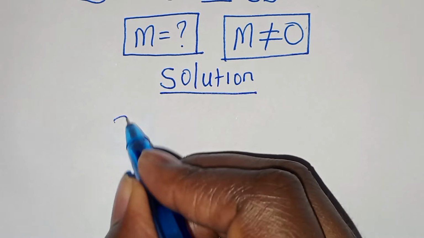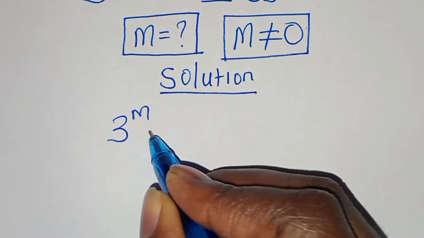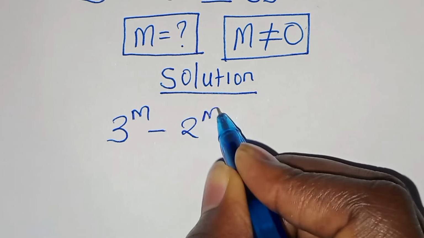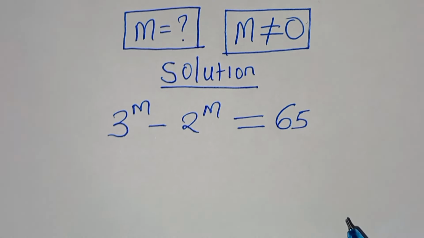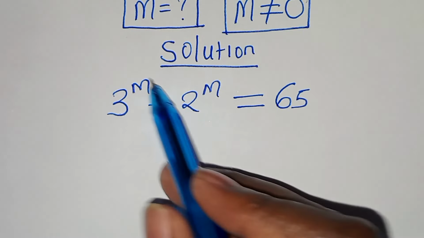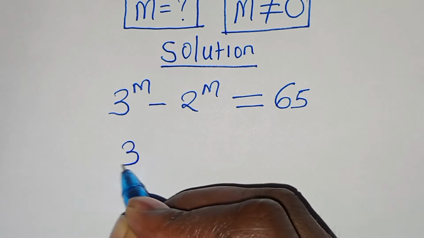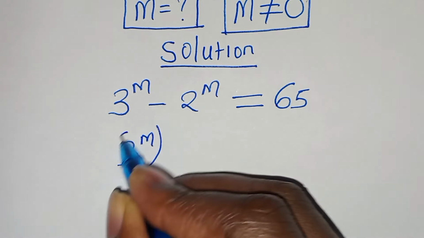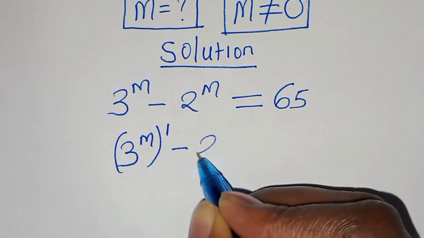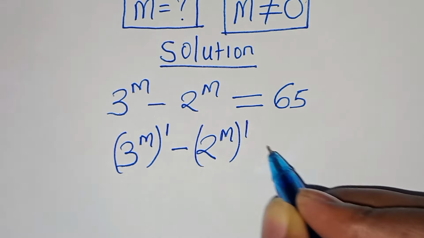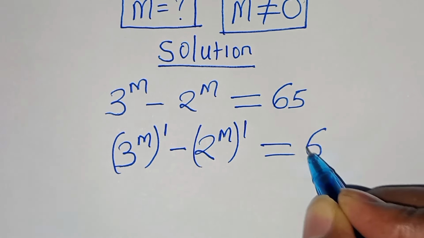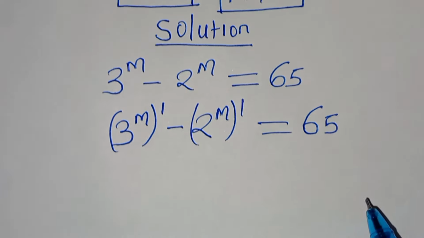So we have 3 to the power of m minus 2 to the power of m equal to 65. We can express 3 to the power of m as 3 to the power of m raised to the power of 1, minus 2 to the power of m raised to the power of 1, equal to 65.